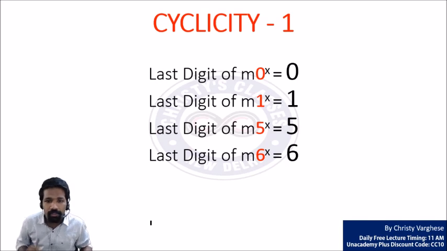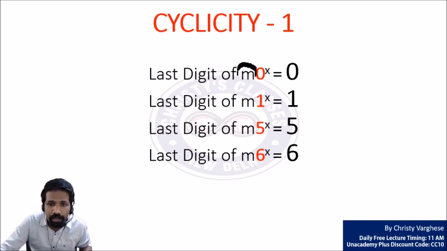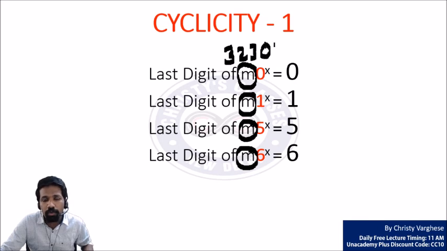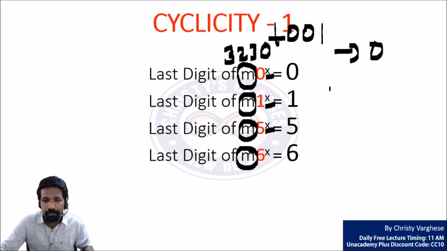Cyclicity 1 you understood, I guess. This is a generalization of cyclicity 1. Whatever digits come before the last digit do not matter. That is why I am denoting all those values by m. m can be anything. It can be 12, it can be 323, 3230, raised to whatever x. That is why I am generalizing the power as x. Whatever x, for example if it is 1001, still the answer will be only 0.